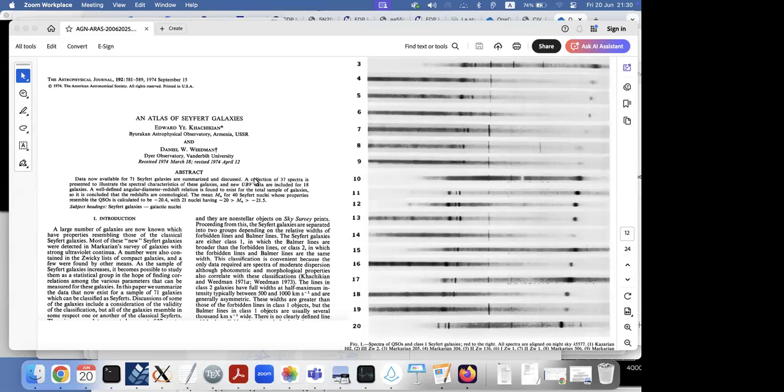That what was realized was two things. First, there were objects that became known as Seyfert galaxies. That was more honorific than realistic. Weedman needed, okay, these were galaxies that had, in many cases, turned up as strong ultraviolet sources in a survey from Byurakan that had been done by Markarian.